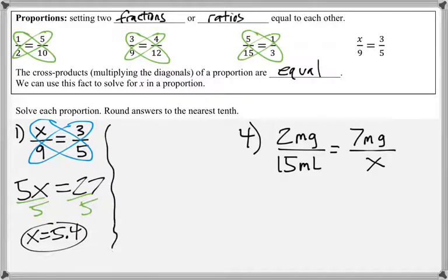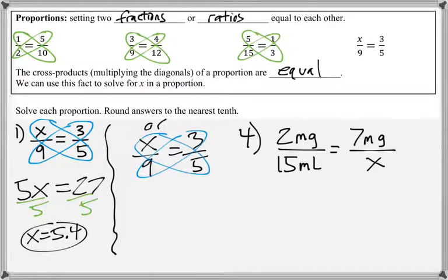The other way is if you take the diagonal that does not have an x. So you have two diagonals here, but only one of those diagonals does not have an x, and that would be the 9 times the 3.